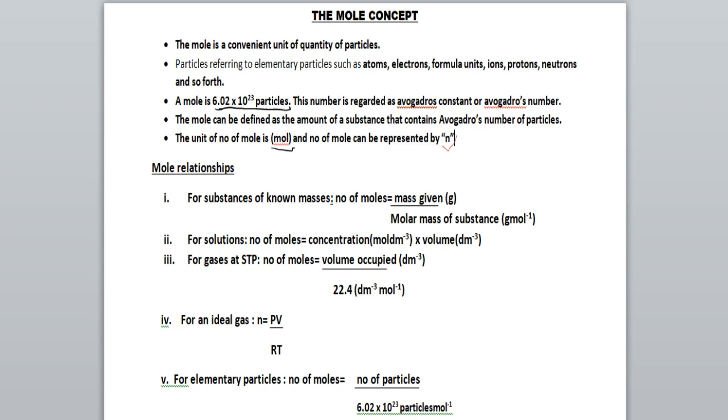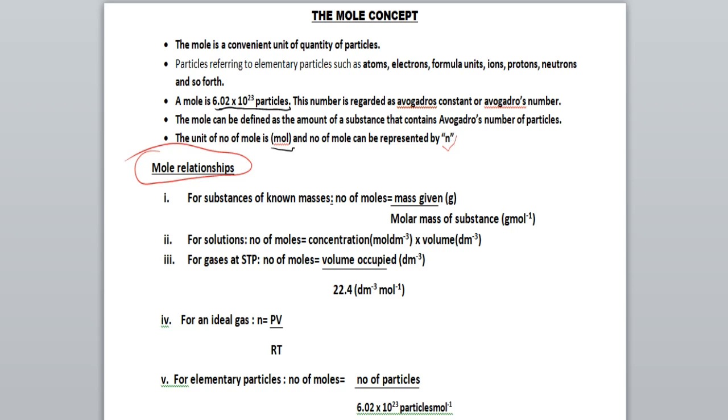Now, some of the most important relationships that mole has with most of these parameters will be discussed in this session. Now, we'll be moving to mole relationships. The relationship mole has with these parameters has some circumstances in which we are going to be utilizing these relationships when attempting calculations.